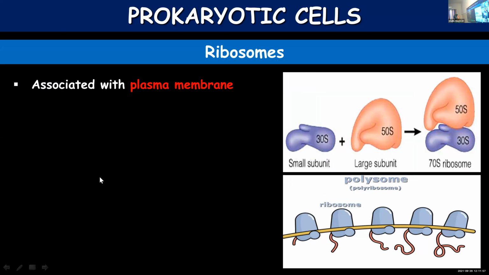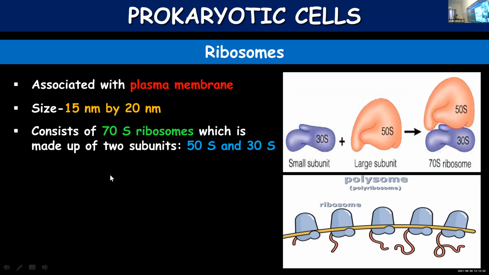Ribosomes are associated with the plasma membrane, size is 15 nanometer by 20 nanometer, and in prokaryotic cells you can find 70S ribosomes. S is the unit of sedimentation coefficient, the rate at which they get sedimented.